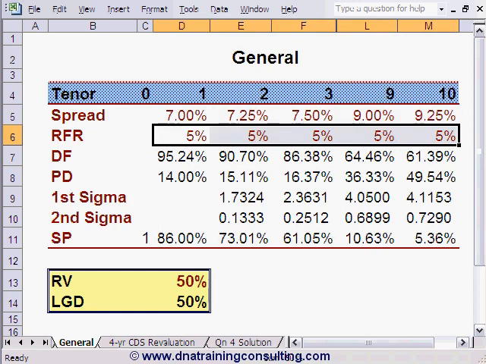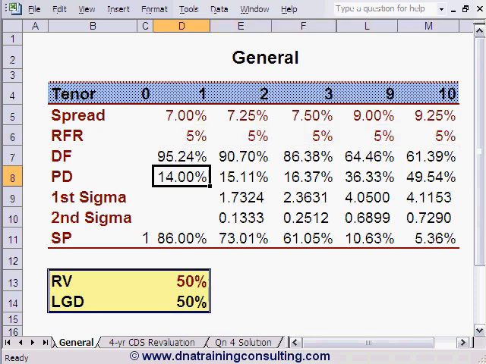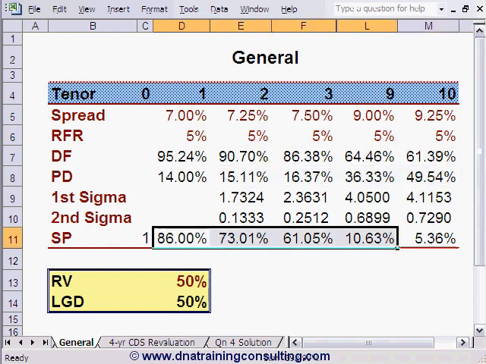From this, it will calculate for you in row 8 the default probability for any given year and the survival probability up to that year inclusive.